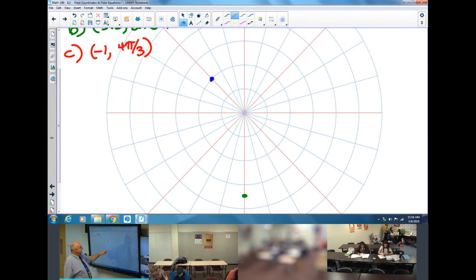But -1 means you're going backwards, so it's back up here in quadrant 1. All right, any questions at all on graphing the points?